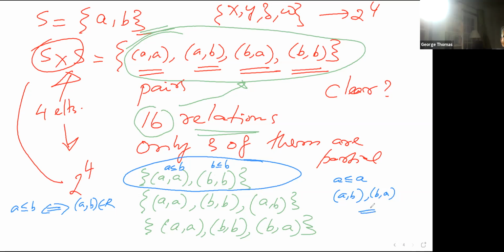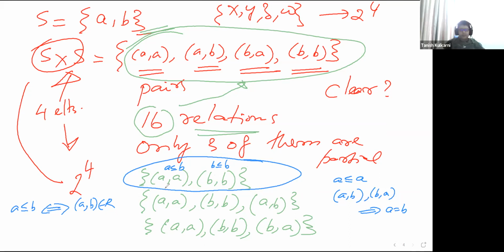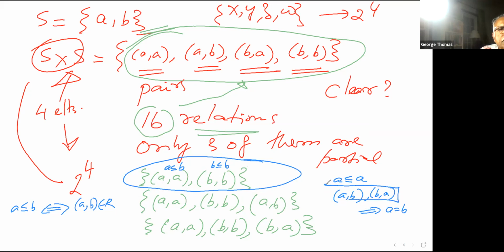If it is there, then A equals B. Agreed? Yes. It is not there, so you don't have to worry about it. If AB and BA are both there, then you will know. In fact, in a partial order, we said earlier, this cannot happen. Only one of them can appear, or none of it. Neither of them appears here, so that is okay.